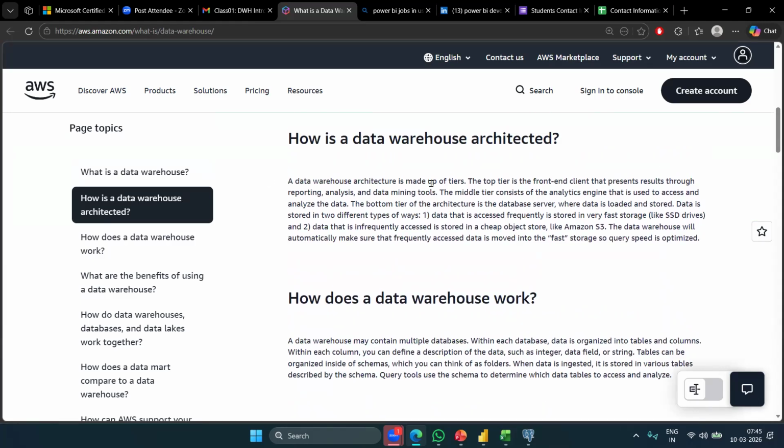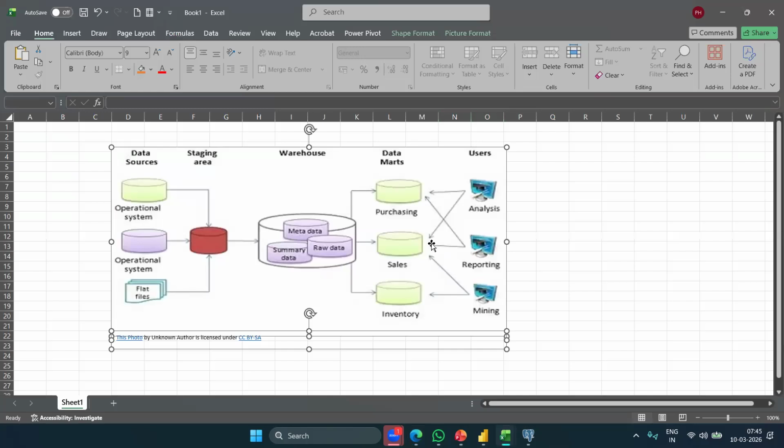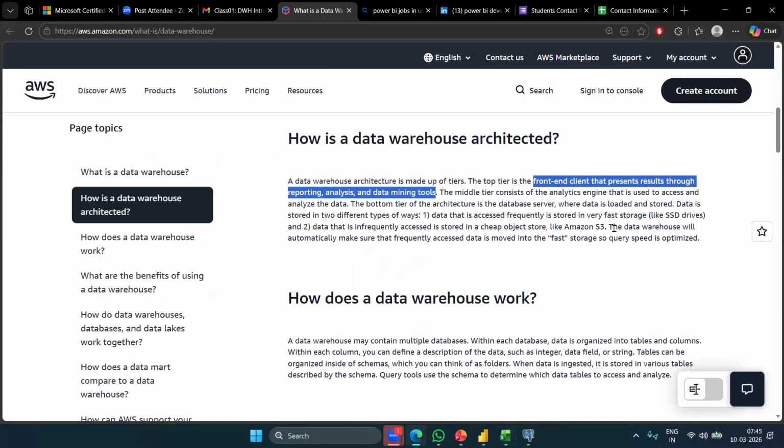A data warehouse is made up of tiers. The top tier is the front-end client that presents results through reporting, analysis, and data mining. Right here you can see the front end, the one who does the reporting, mining, and everything. The additional advantage of Power BI is that since we are the front end, we closely work with the business.